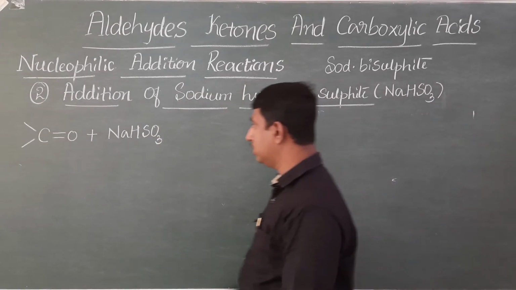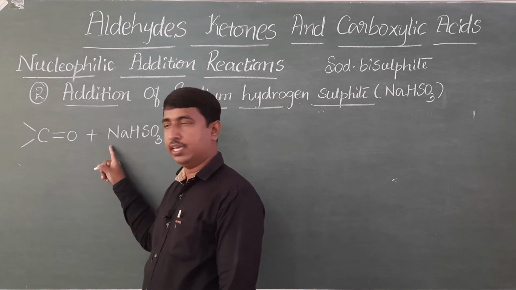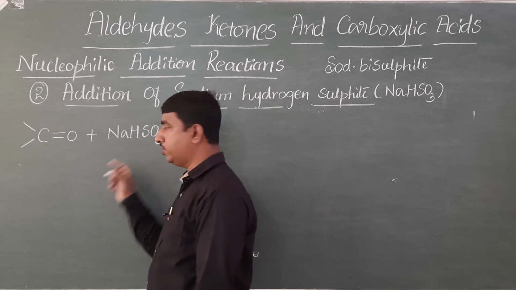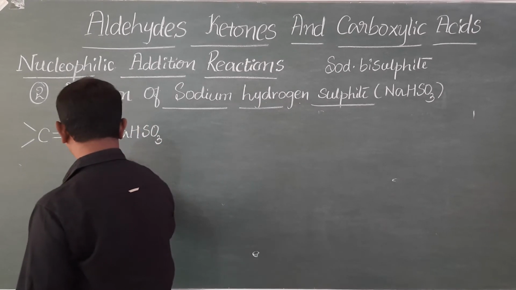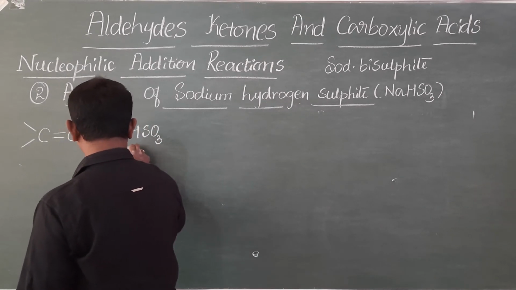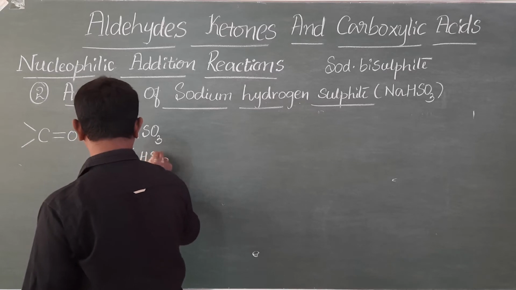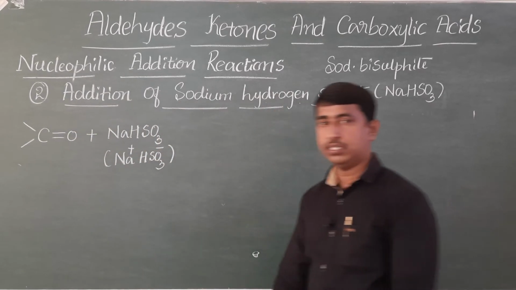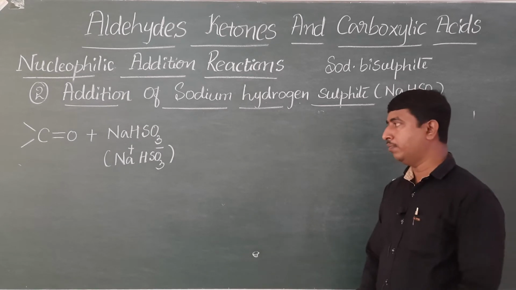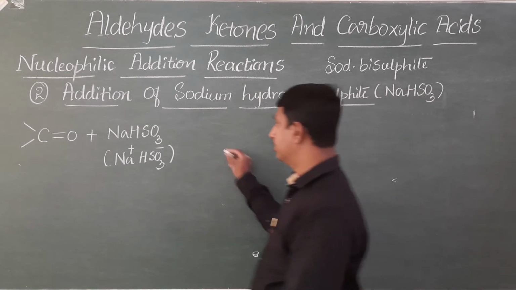Formula of sodium hydrogen sulfide is NaHSO3. NaHSO3 ionizes to form Na plus and HSO3 minus.